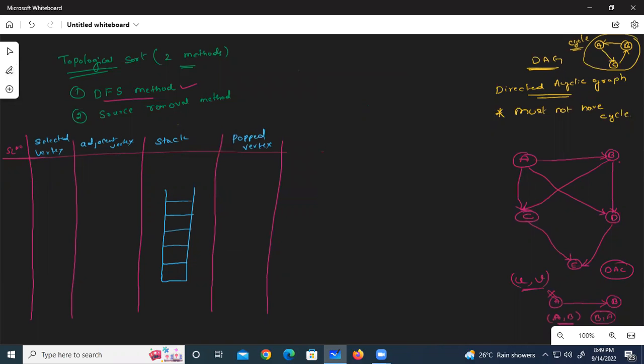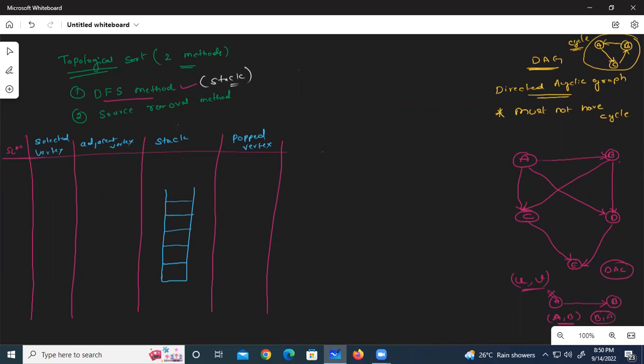Now see, what does this topological sort do? Basically, DFS is nothing but you will use the stack. But here, one important thing you need to understand is which vertex you have to start with. That is the main reason. Topological sort is nothing but you have to visit each and every vertex.